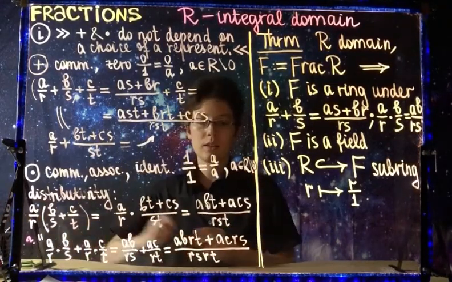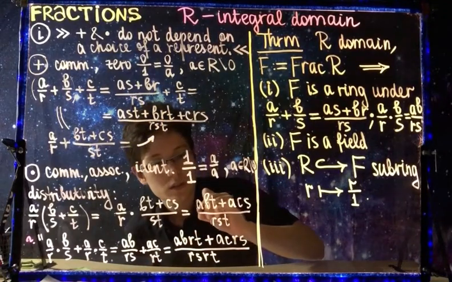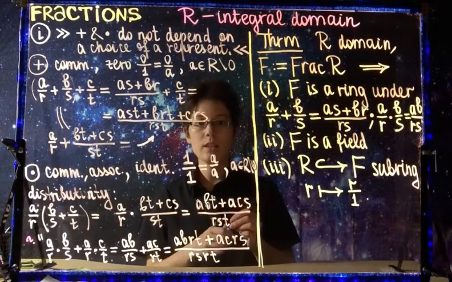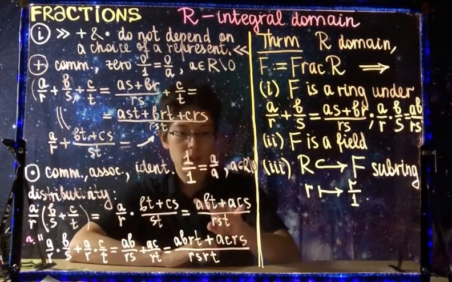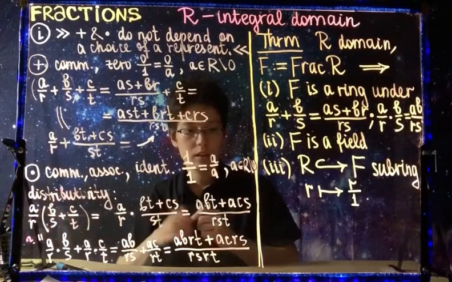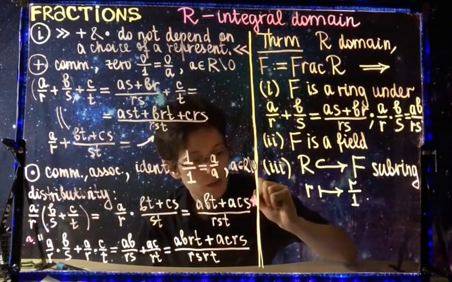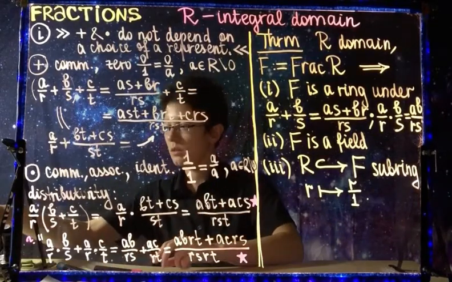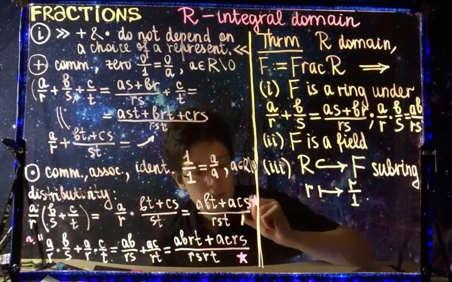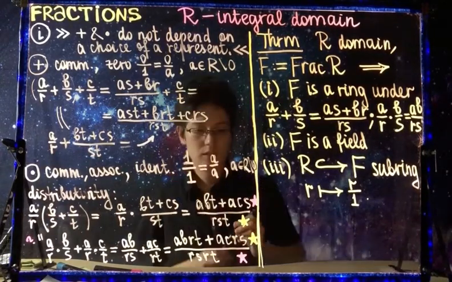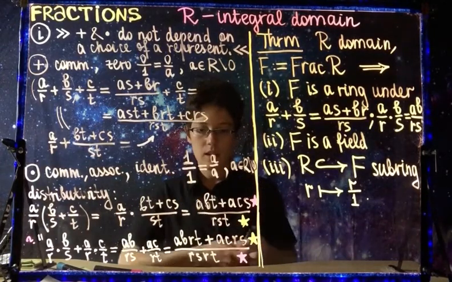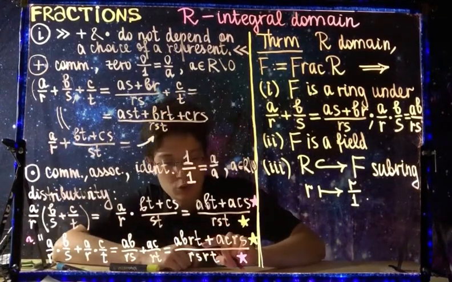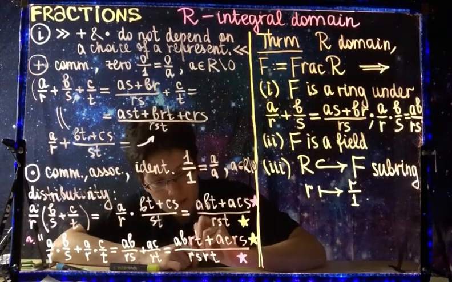And now, in order to show that these two elements lie in the same equivalence class, we need to multiply this numerator by this denominator and this denominator by this numerator. But note that in this numerator and denominator we have an extra set of r's.